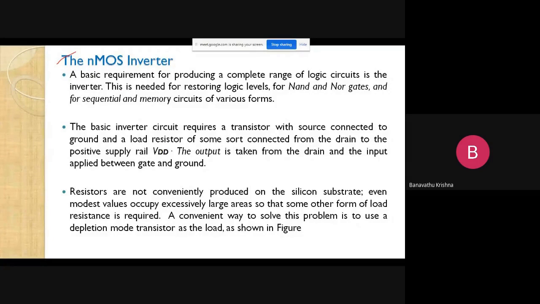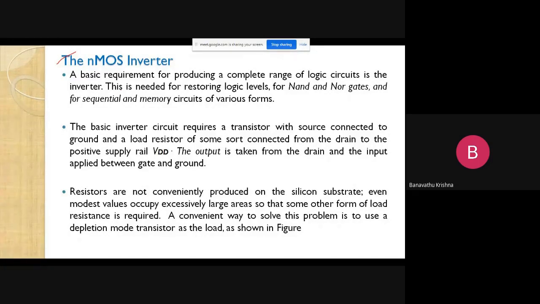But from the fabrication point of view, the resistor occupies much more area. Even at modest values of resistor, it occupies a very large area in the fabrication technique used to design the NMOS inverter. So that is the drawback.